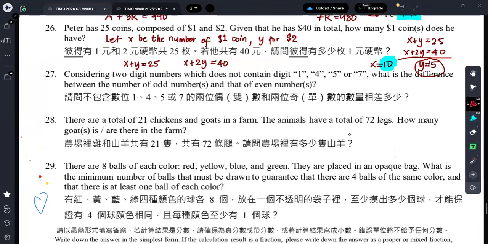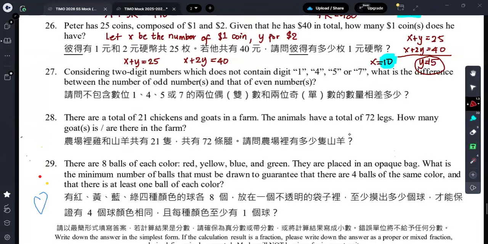Number 27. Considering 2-digit numbers which do not contain 1, 4, 5, or 7, what is the difference between the number of odd numbers and that of even numbers? Okay, 2-digit numbers without these. So for the 2-digit numbers, we only need 2, 3, 6, 8, 9, and 0.